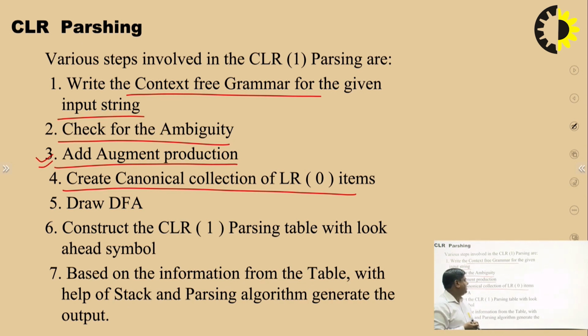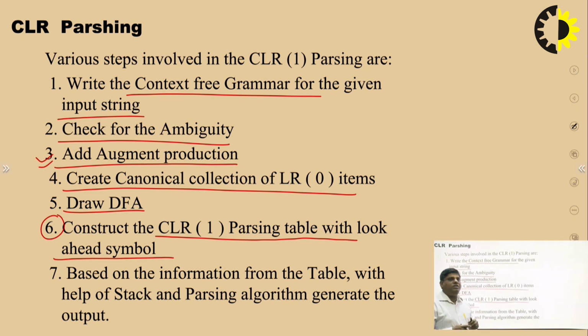Now create a canonical collection of LR0 items. For any context-free grammar, create the canonical items and draw the DFA. This is the next step of CLR parsing, and this step is what differentiates SLR parsing and CLR parsing: construct the CLR parsing table with look ahead symbol.